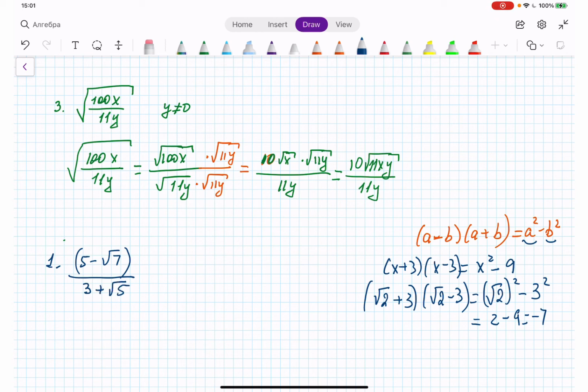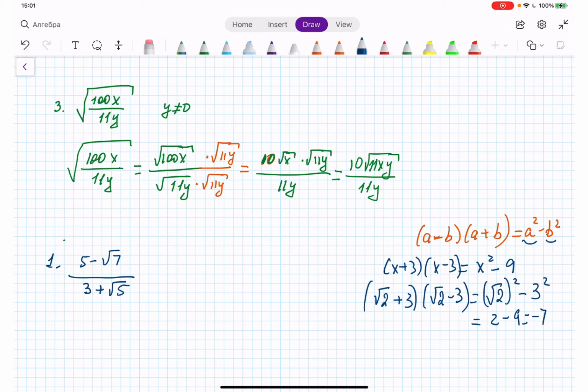So in the denominator we have 3 plus square root of 5. I took the example and I don't know why I put parentheses, and then I realized I don't need these parentheses. Okay, so 3 plus square root of 5.